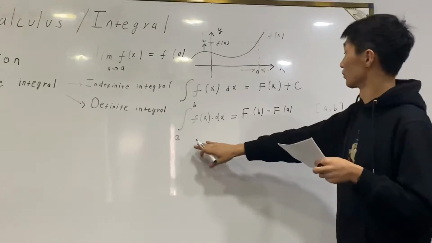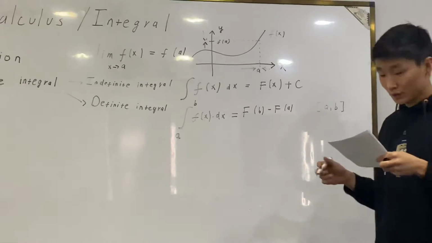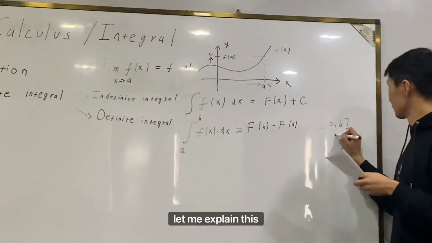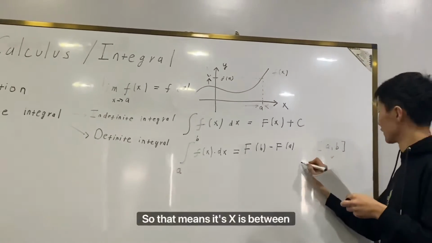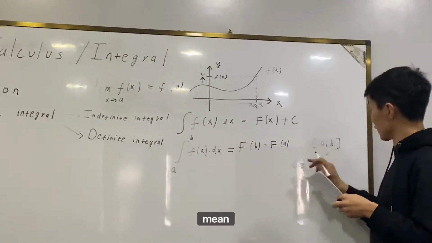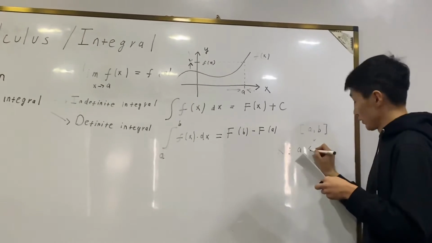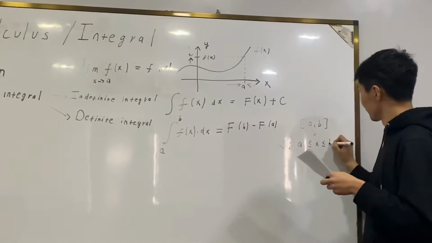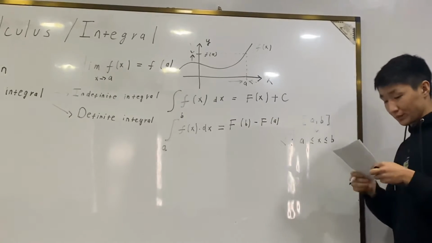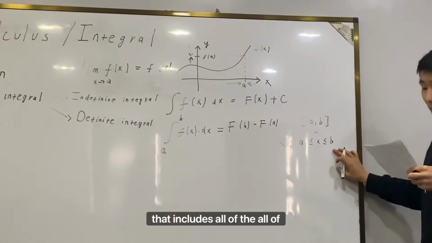Then we write it like this. Let me explain this further. That means x is between a and b. A closed interval is an interval that includes all of its limit points.